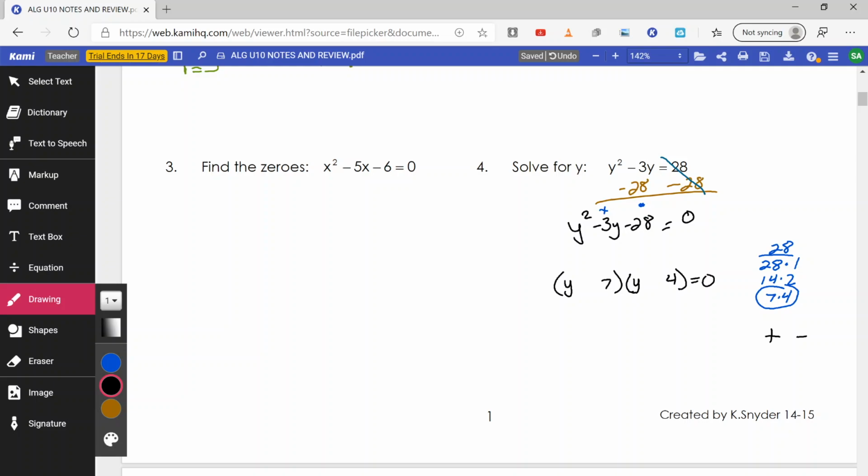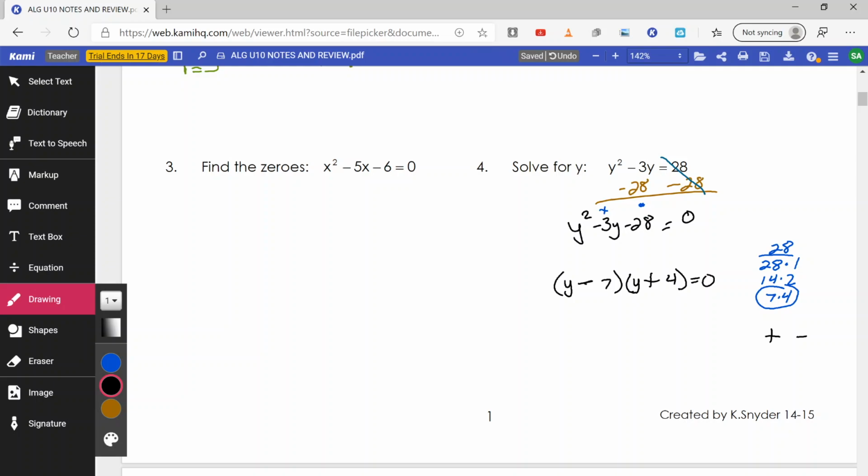So in that case, we know from previous experience that the larger of the two numbers will get the sign that is in the middle term. So if the middle term is minus, that means the larger of the two numbers will be minus. So 7 and 4, 7 is the bigger of the two, so that's where my minus sign will go. And then 4 will get plus.